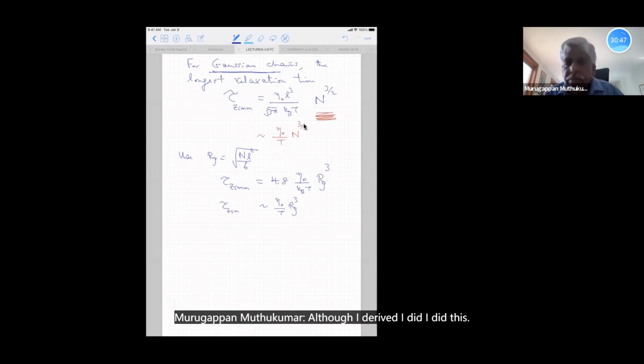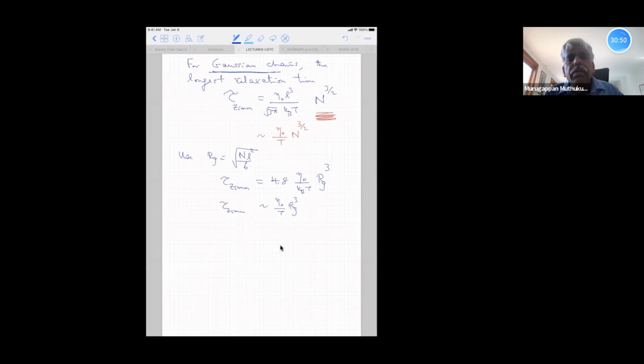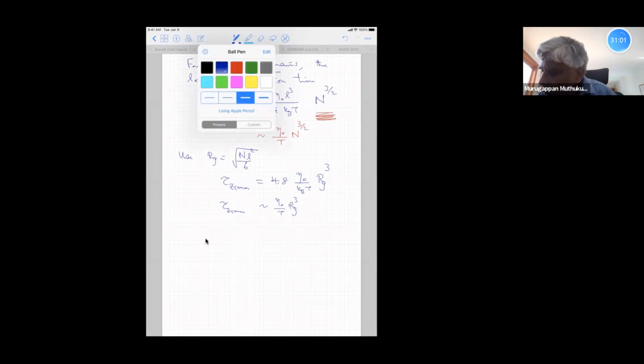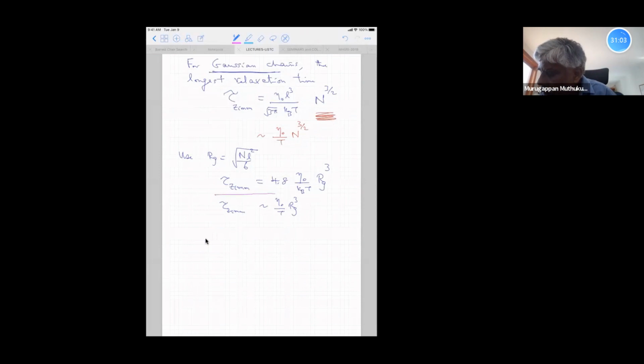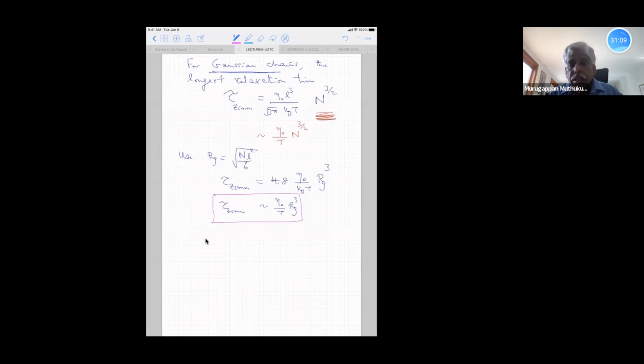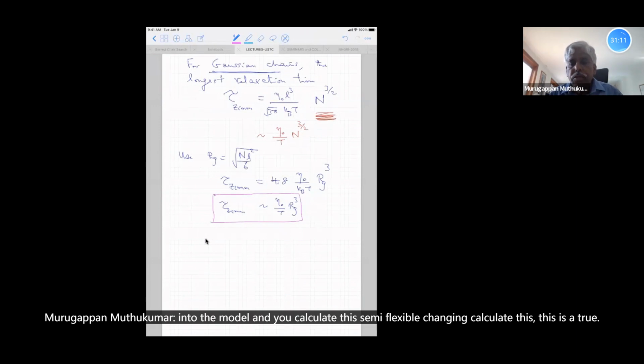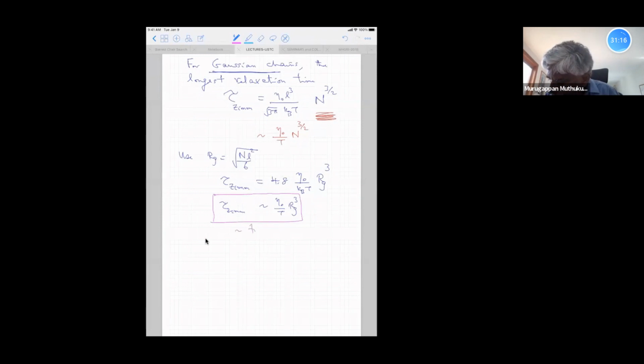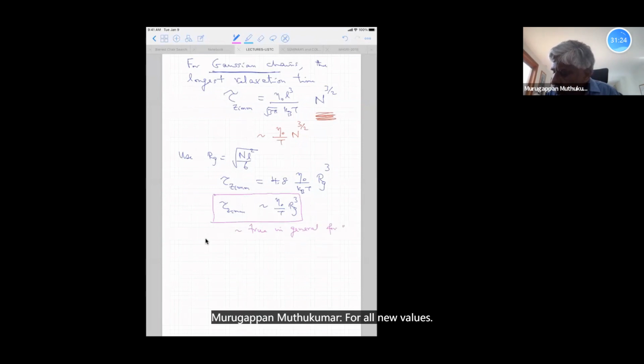Although I derived this for a Gaussian chain, this result is true in general. That is, if I put the excluded volume effect into the Zimm model and calculate this for a semi-flexible chain, it is true in general for all nu values.